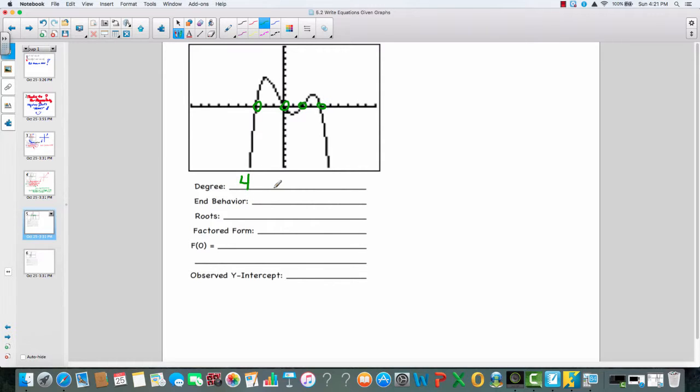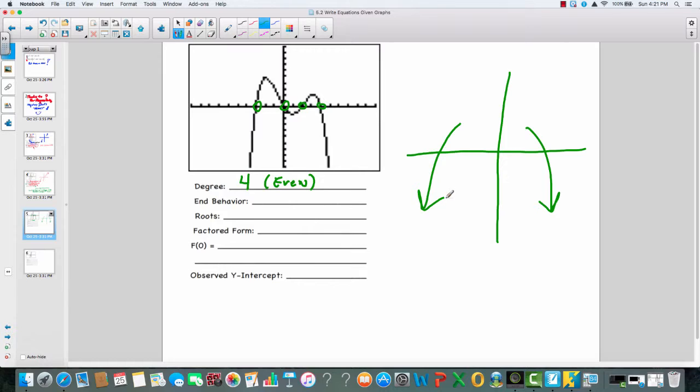What's the end behavior? Again, going back to Ms. Zanfini's worksheet. If the degree is even, like a parabola with a degree of 2, and the end behavior is pointing downward like that, then you're talking about a negative coefficient.